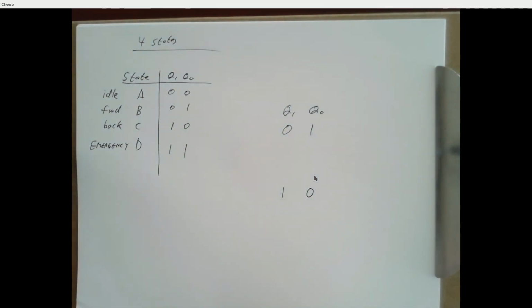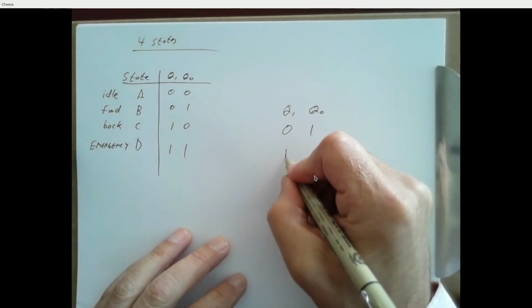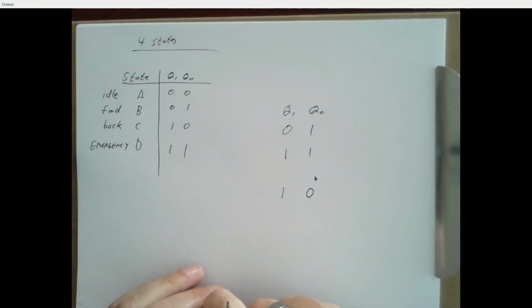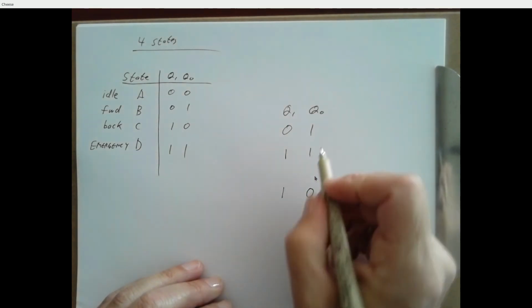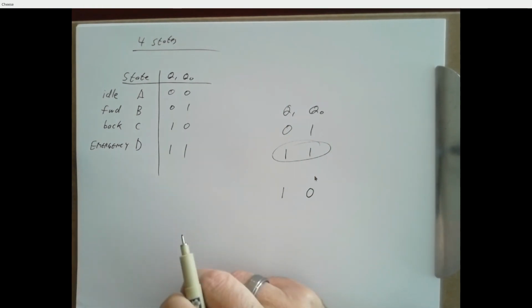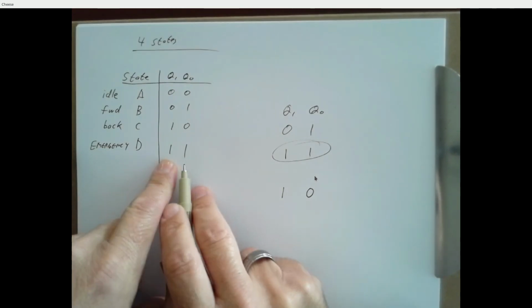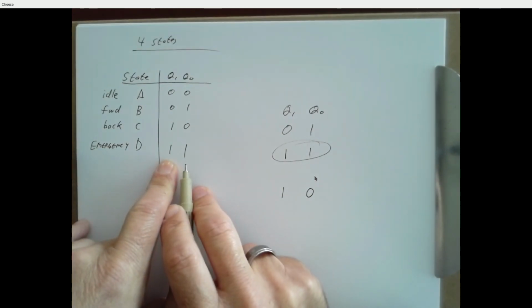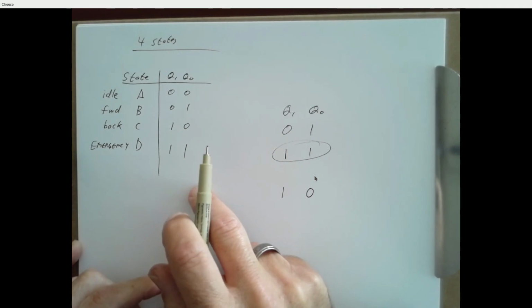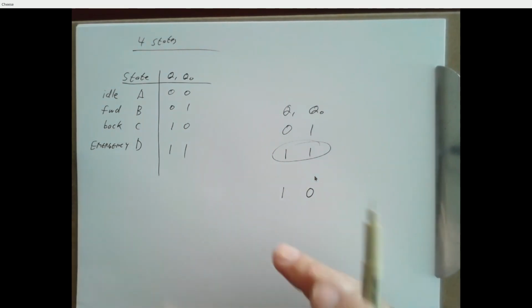What happens if Q1 changes first, before Q0 changes? Alarms. For a brief period of time, we're in state D. And it's temporary, but depending on what this state is hooked up to, it may be long enough that you trigger some unwanted consequences. So this is a glitch possibility.